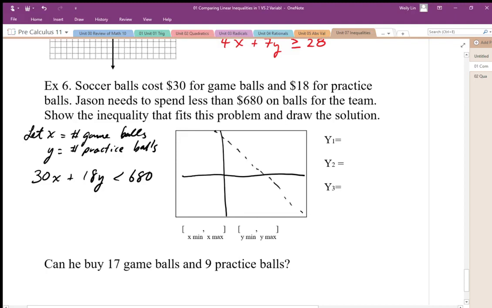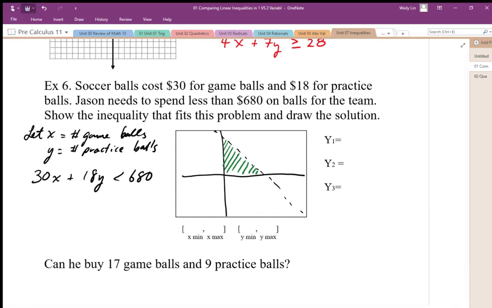Because my domain is restricted here, I can't have negative x's and negative y's, because I can't have negative game balls and negative practice balls. This line represents my inequality, so I need to have the cost be below that line.